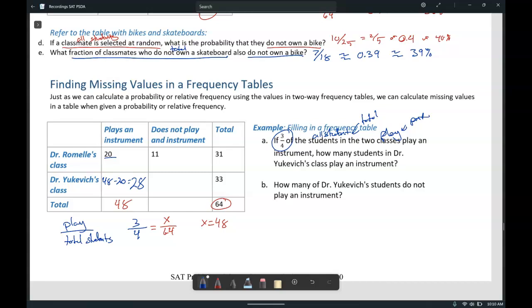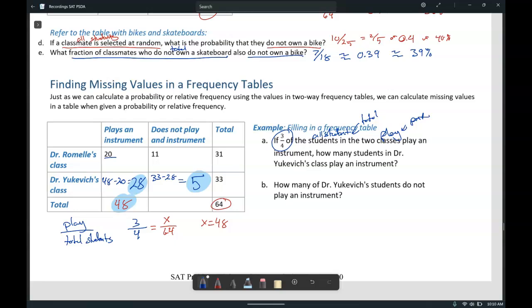Given that 28 students in Dr. Yukovich's class play an instrument, if we want to find how many don't, we can say, all right, well, let's take the total number of students subtracted by the 28 that do play an instrument, and we end up getting the 5 students that don't play an instrument. And so we're able to fill in these cells by using some basic arithmetic.